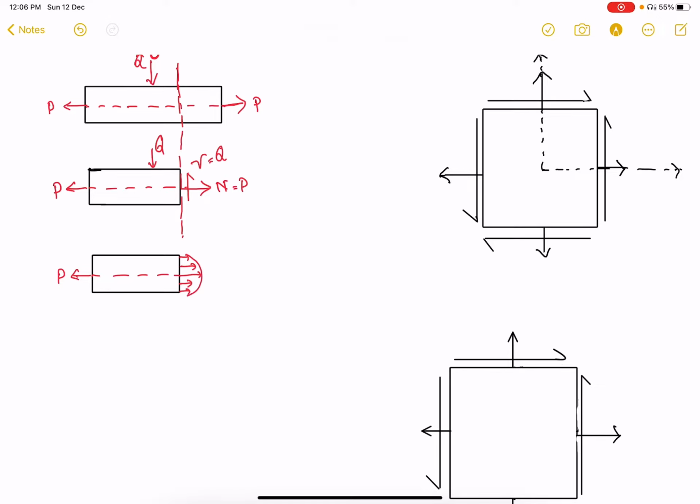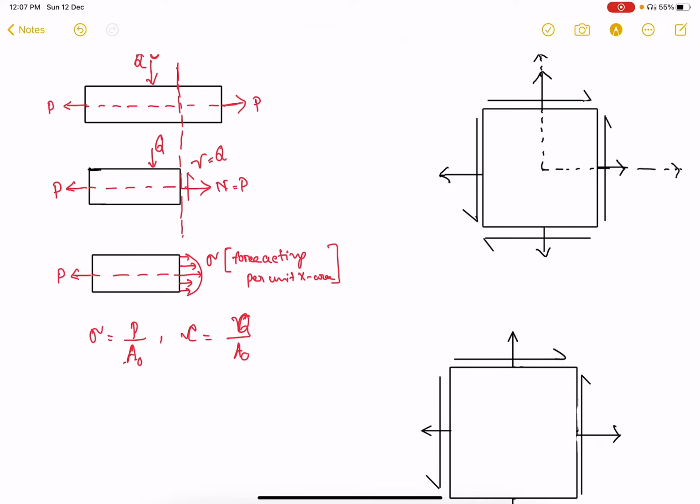And sigma is the force acting per unit cross sectional area, so sigma is equal to P by A naught, where A naught is the original cross sectional area, and tau is equal to V by A naught, which is Q by A naught.